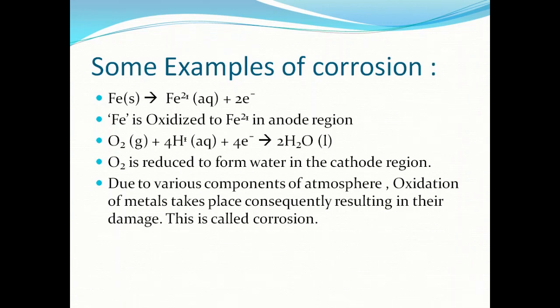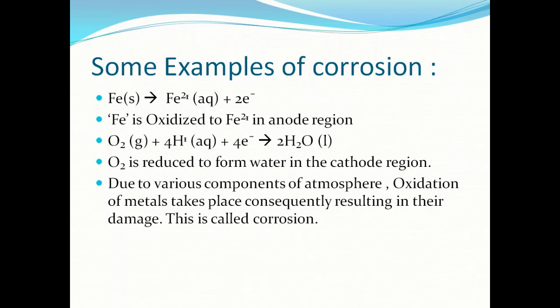Different regions on the iron surface become anode or cathode. For example, iron forms 2 Fe2+ in aqueous condition plus 2 electrons in the anode region. Second example, oxygen gas is combined with hydrogen ions in aqueous condition with 4 electrons, and that time it forms water.